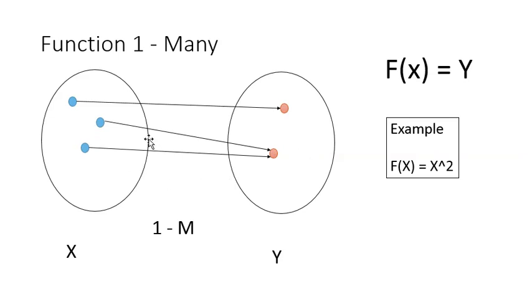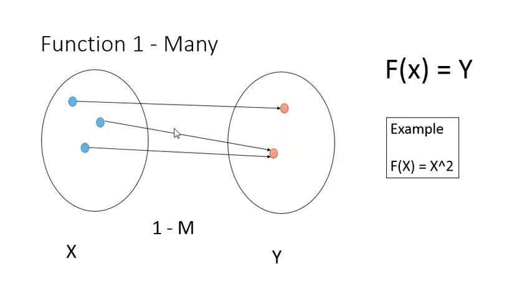Well, it's still a function, but we do have a situation where I've got more than one value on the left mapping onto a duplicate on the right. Now, why is this important? Well, it means I can't reverse it as a function, because if I reversed it, I would then have a many to one mapping.